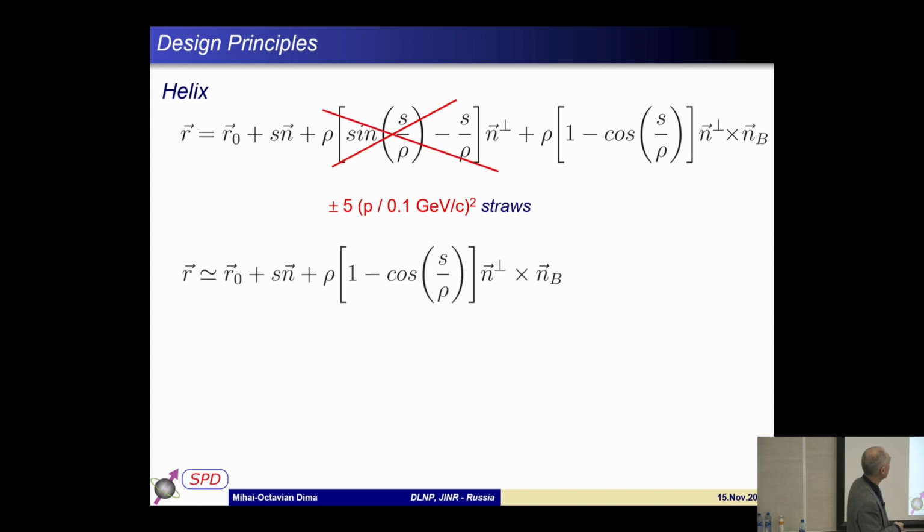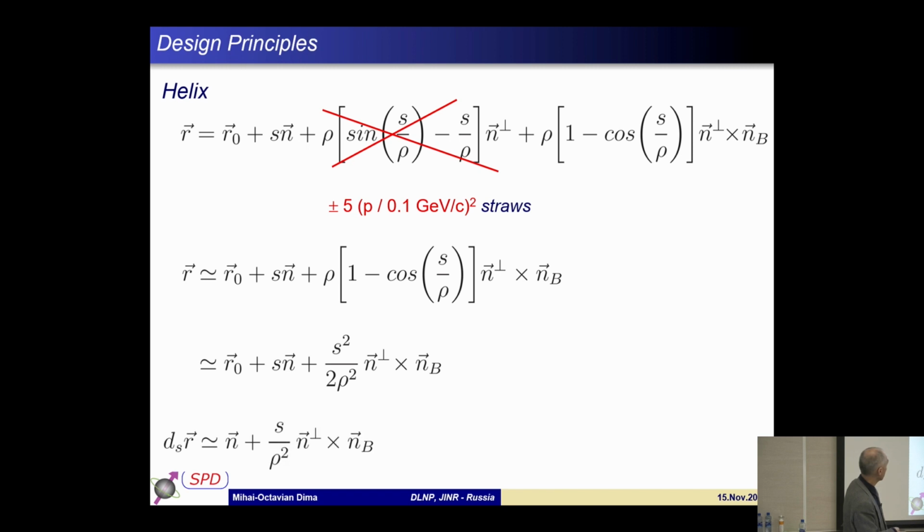Another aspect here is that, of course, for sets of just a few straws, you can neglect the torsion. And when you do, since we have segments, we have the tangents. The tangents are the derivative of this formula, and they are linear.